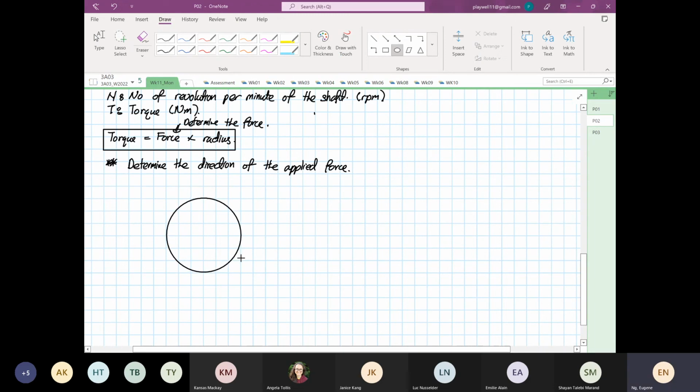So this is one of our gears, our driver gear, and I'm going to call this DR. So the driver gear is the input.